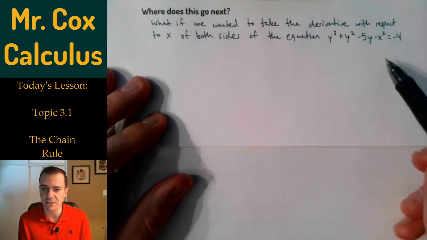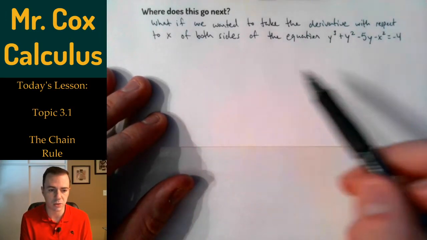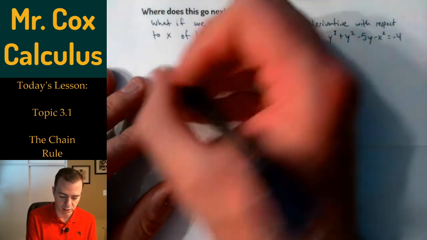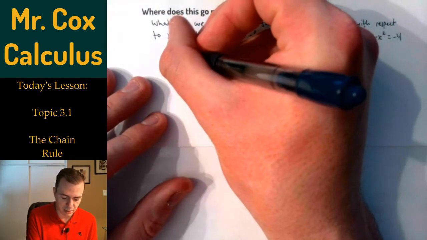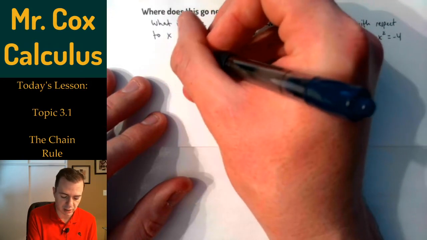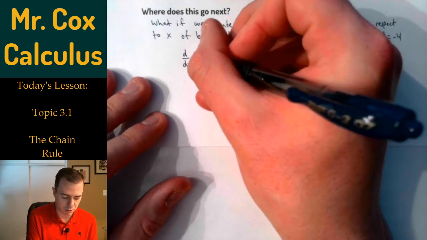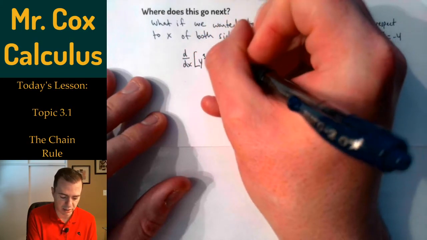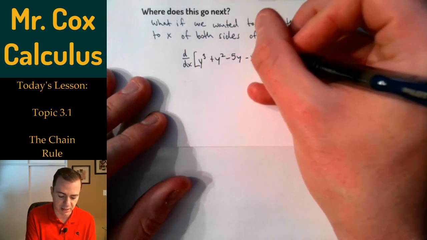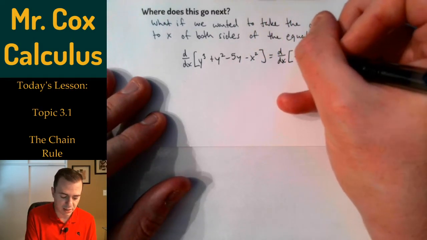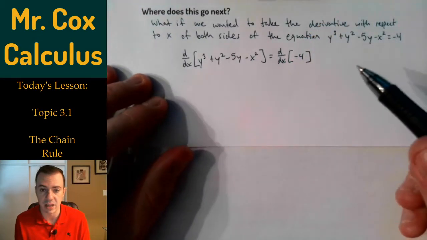So if I have this equation and I want to take the derivative with respect to x of both sides, in other words, I want to take the derivative with respect to x of the left side, y cubed plus y squared minus 5y minus x squared, and set it equal to the derivative with respect to x of -4.